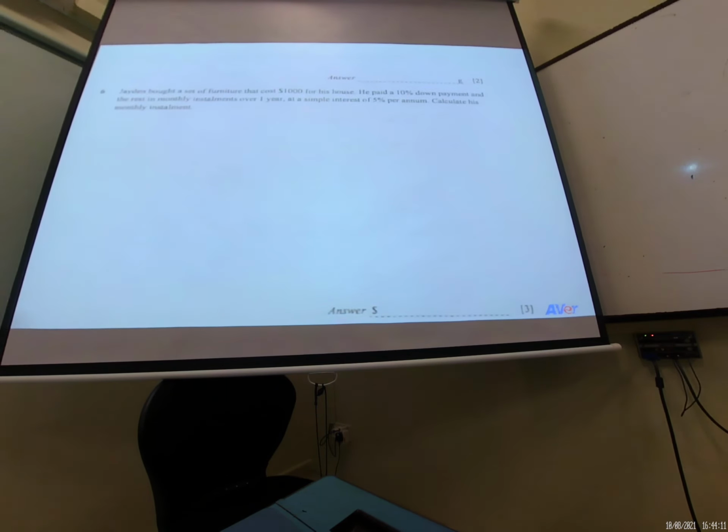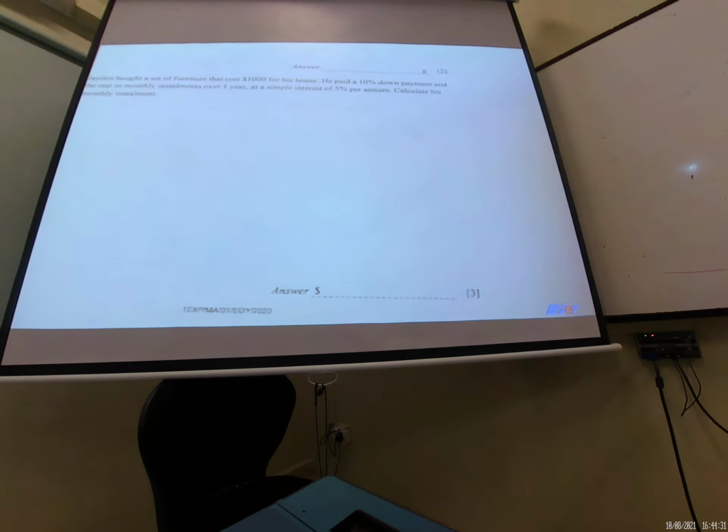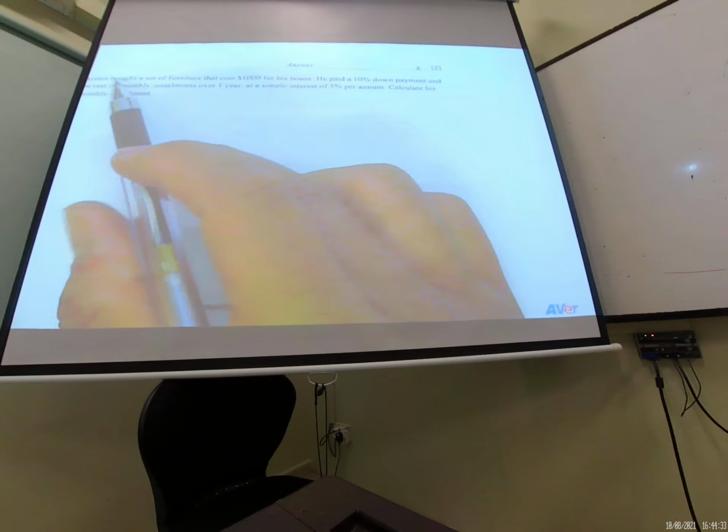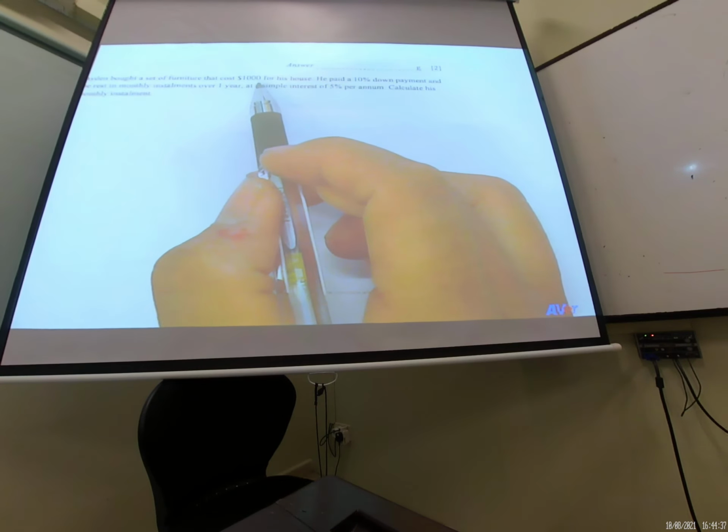Jaden bought a set of furniture that cost $1,000 for his house. He paid a 10% down payment and the rest in monthly installments over 1 year at a simple interest of 5% per annum. Calculate his monthly installment. So you have to first understand what is happening. The furniture is $1,000.